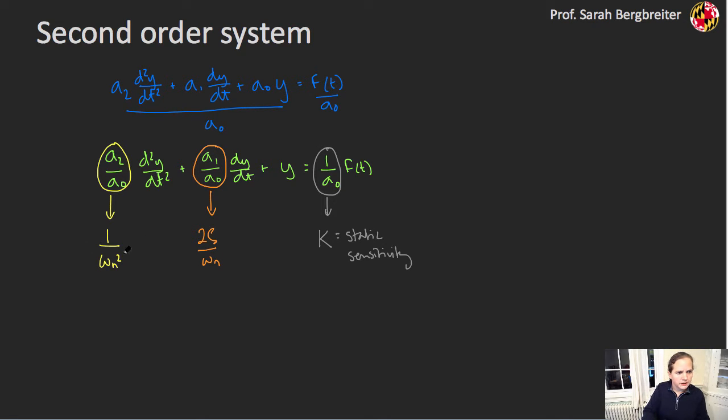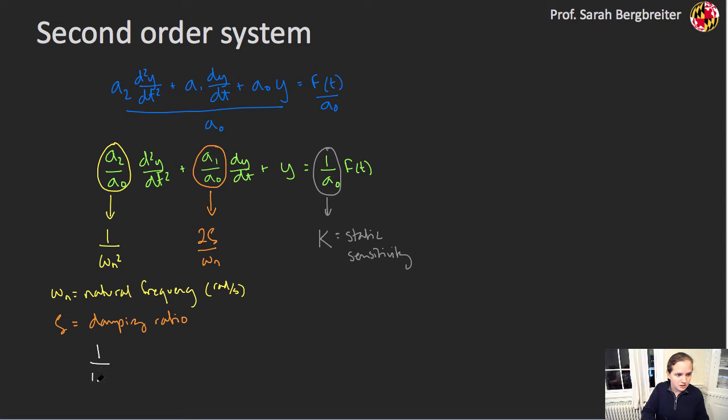All right, and let me define these terms as well. So omega n is my natural frequency, and that's in radians per second, and zeta is my damping ratio, and that has no units. That is a dimensionless number. Okay, so I can rewrite this equation based on these parameters that I've provided now.